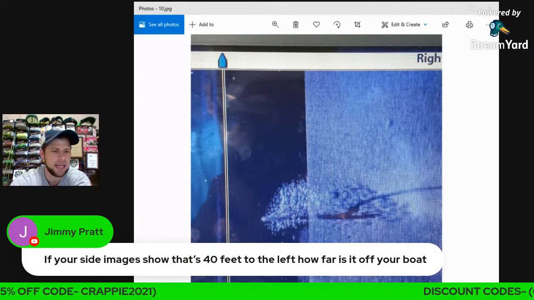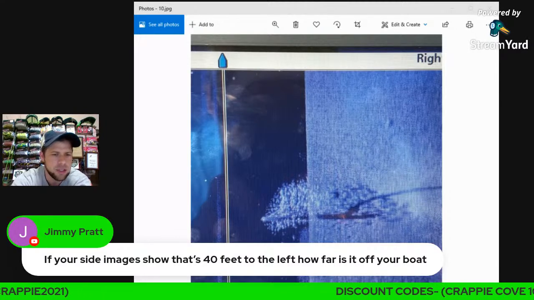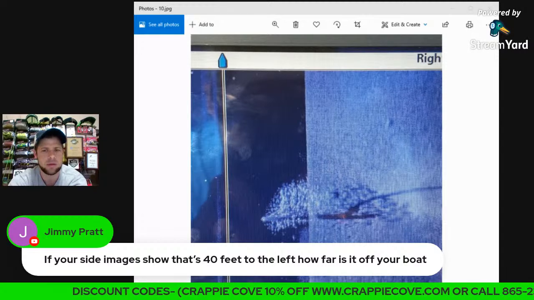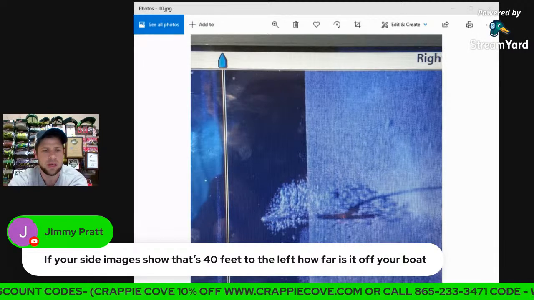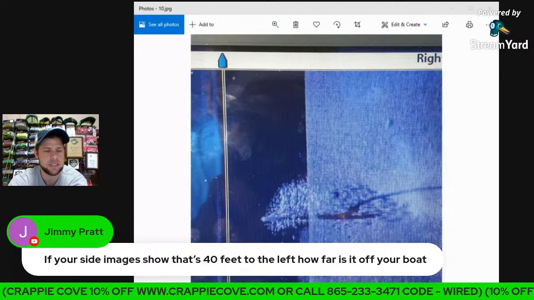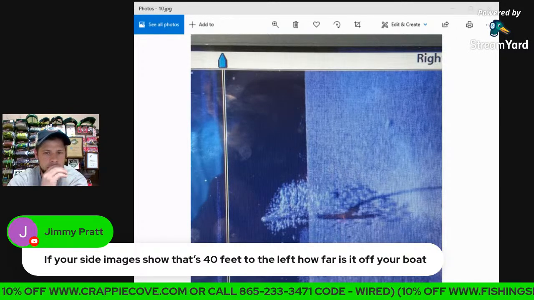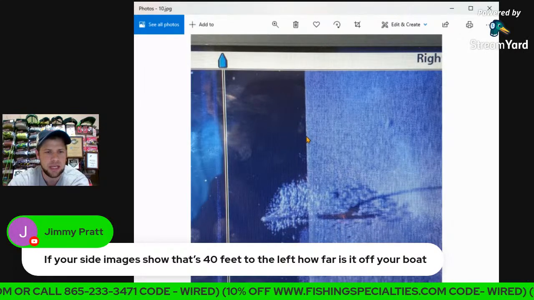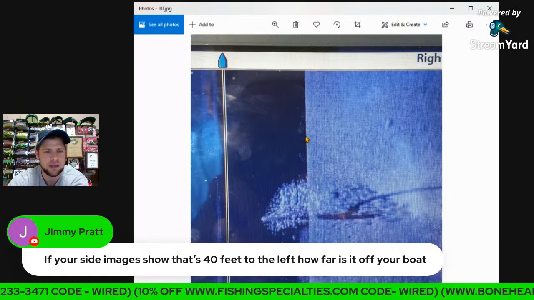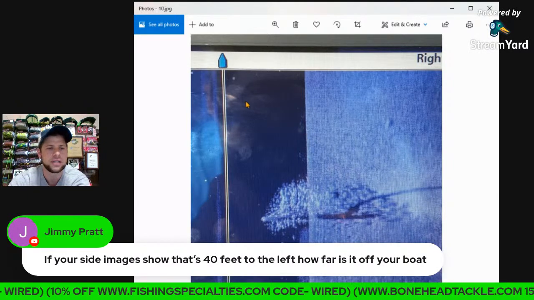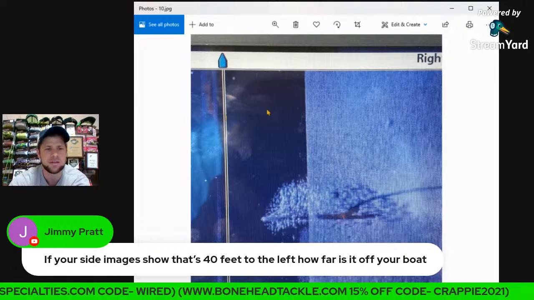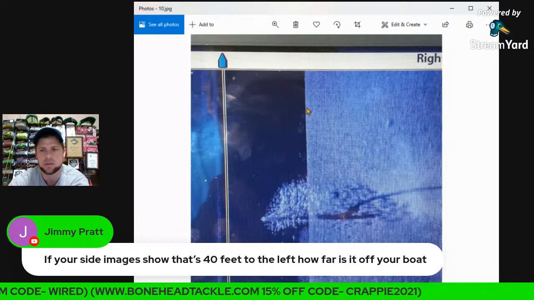All right, if your side images show that's 40 feet to the left, how far is it off your boat? I think I know what you mean by that, Jimmy. So if your side image shows that this right here is 40 feet, then wherever your transducer is on your boat, Jimmy, it's 40 feet from your transducer.